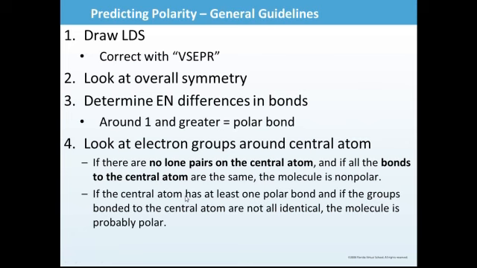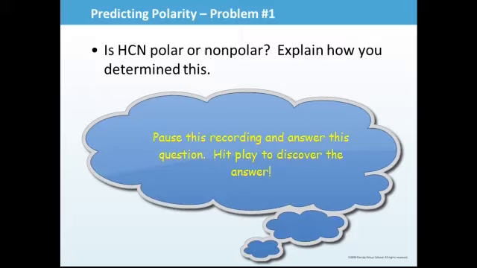And I know right now you're probably thinking, oh my gosh, that is so confusing. I don't even know what to do. That's okay. We're going to go through a couple of problems, and then it's going to make so much more sense. So what we need to do is figure out, is HCN polar or nonpolar? The first thing we're going to do is draw the Lewis dot structure and apply VSEPR.